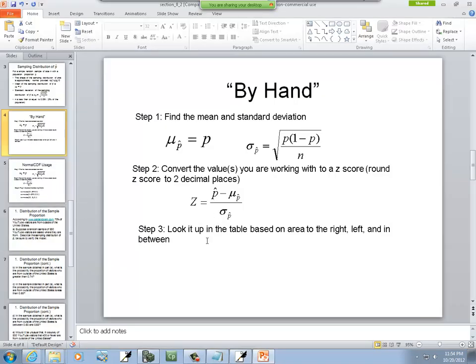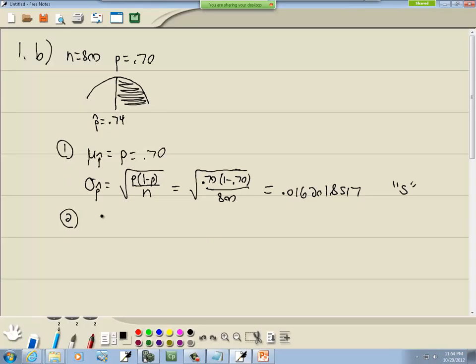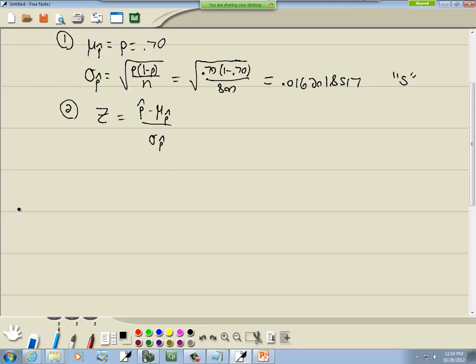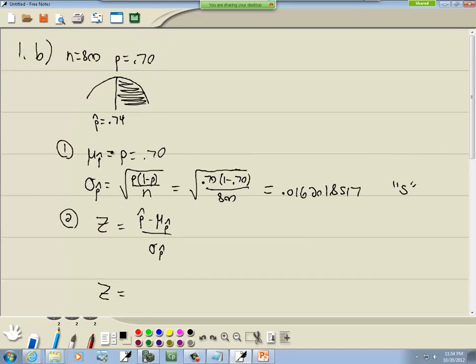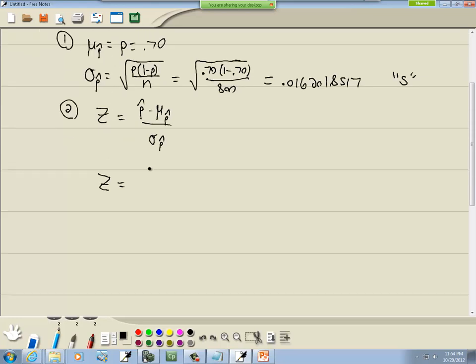Step 2, convert it to z-score. So we've got z is equal to p hat minus mu sub p hat over sigma sub p hat. P hat was, what was it? 0.74. So this would be 0.74 minus mu sub p hat, which is 0.70, divided by sigma sub p hat, which was 0.0162018517.